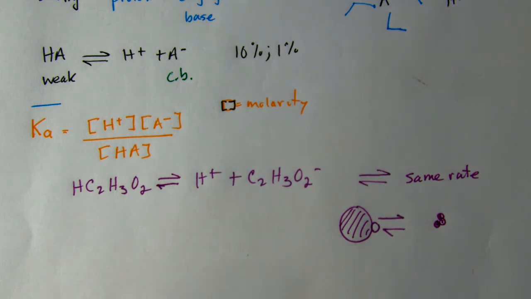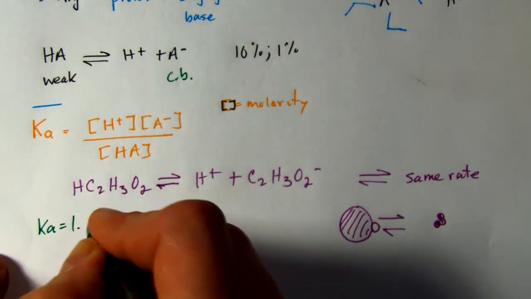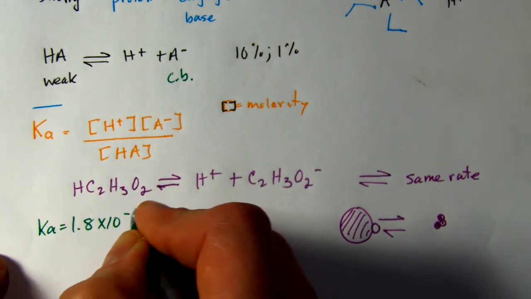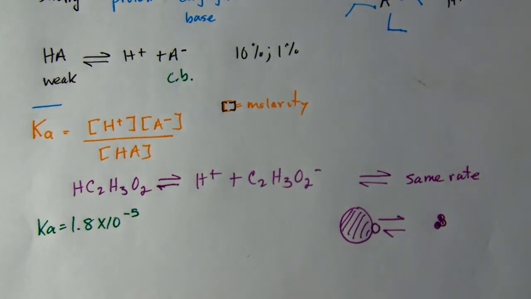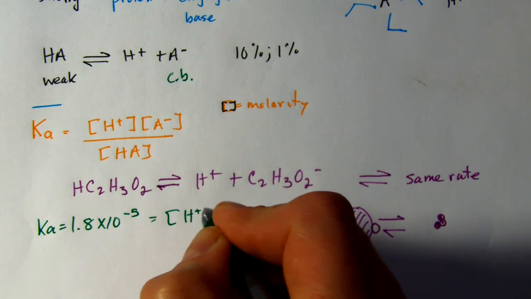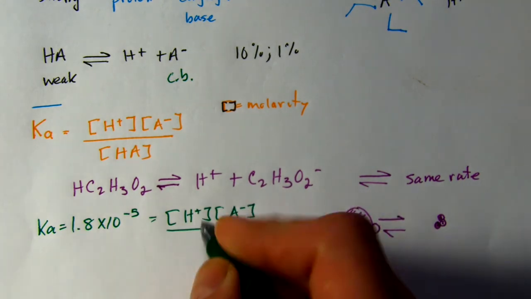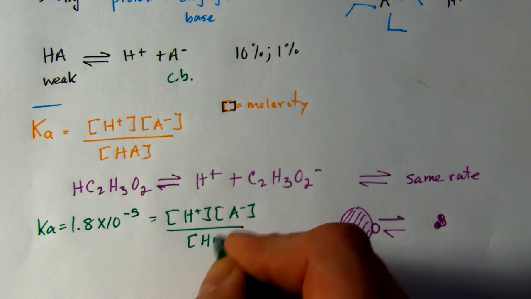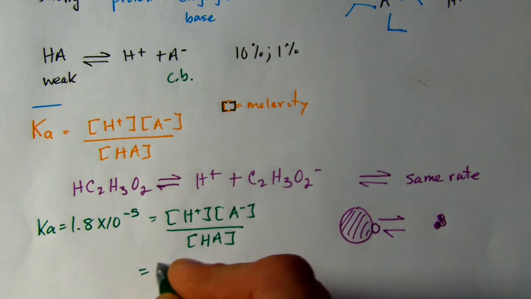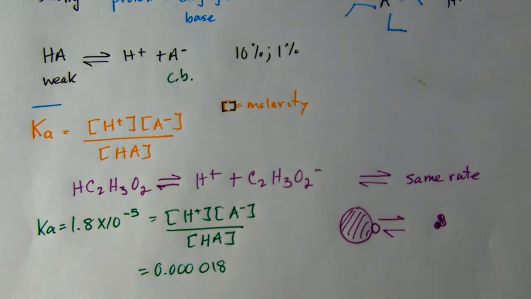The Ka value that we have for acetic acid is 1.8 times 10 to the negative 5. And what that means is the ratio of H plus and A minus over HA is actually equal to 0.000018.